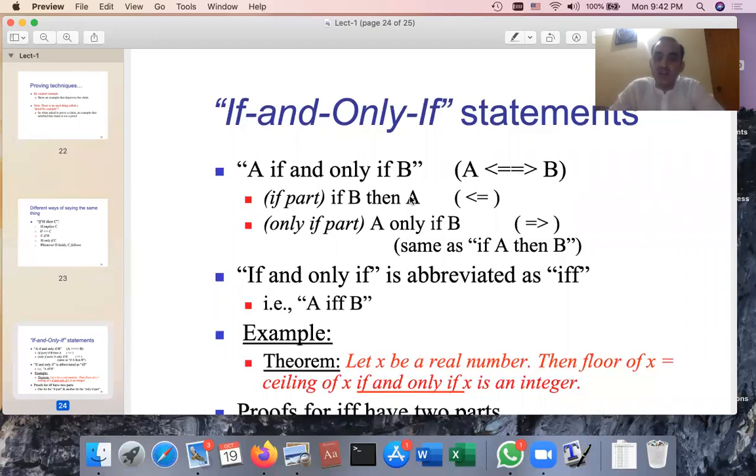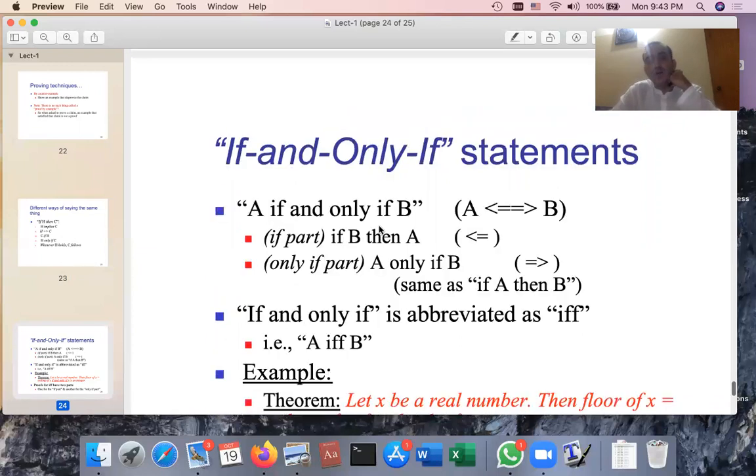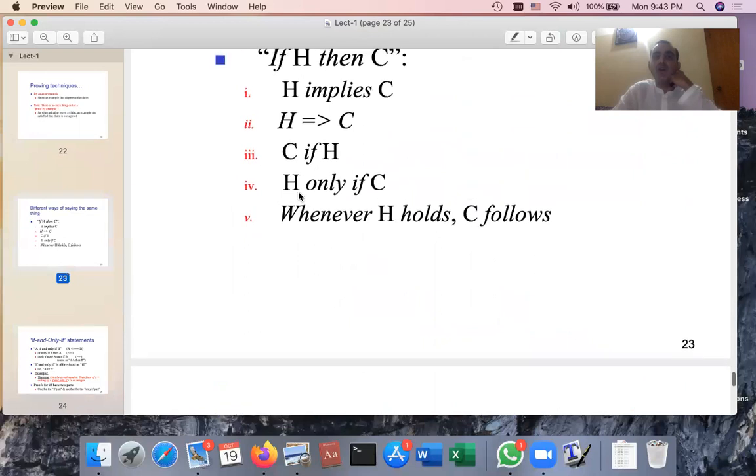The notation for this one is an arrow in the reverse direction. The second portion is the only if part, which is very similar to "H only if C," like the first one.